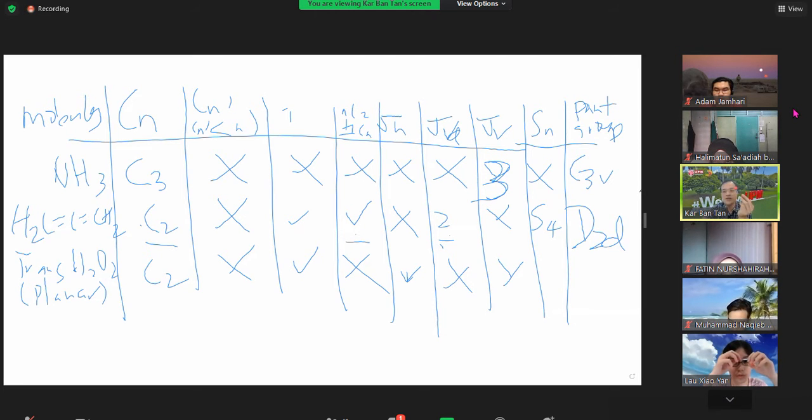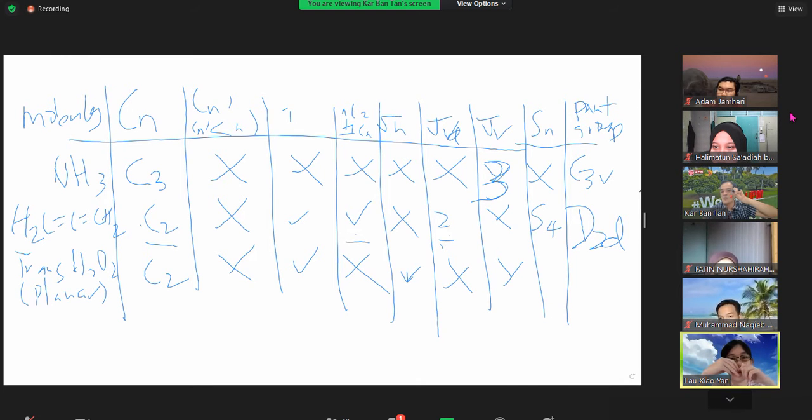Next, does it have improper rotations? If you want, this is a C2. I rotate C2. My imaginary sigma h here, this one reflects to the bottom, this one reflects to the top. So in this case, what will be your improper rotation? S2. One S2.